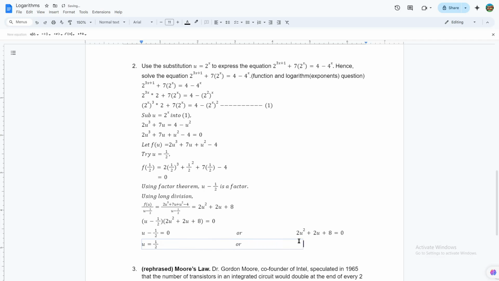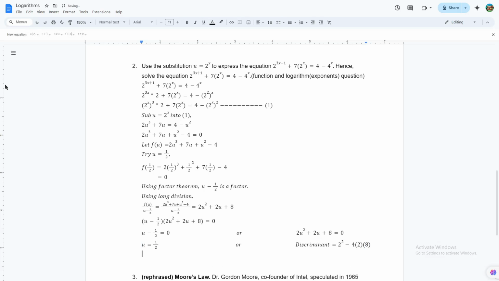So you can observe that this quadratic equation has no real solution because the discriminant, which is b squared minus 4ac, where b is 2, squared, minus 4 times 2, which is a, times 8, which is c, gives us negative 36. Negative 36 is less than 0.